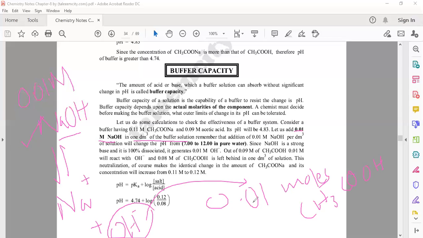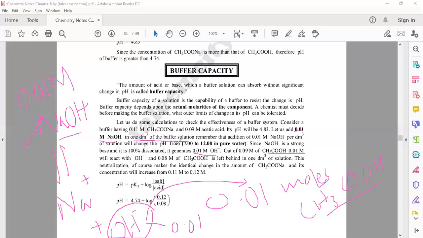So 0.01 moles of acetic acid will react with the 0.01 moles of base. Clear? 0.01 moles of OH negative ion will react with the 0.01 moles of the acetic acid.